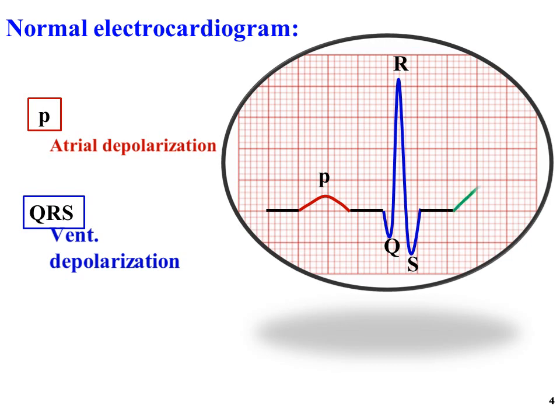Then the T wave, which represents ventricular repolarization. There is no wave for atrial repolarization because it is obscured by the large QRS.